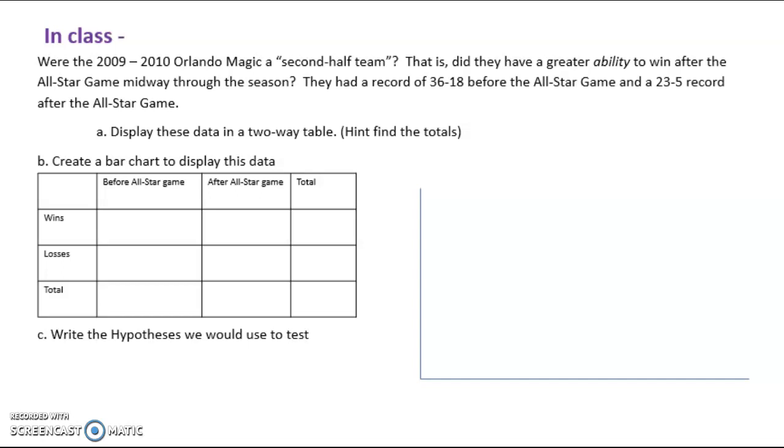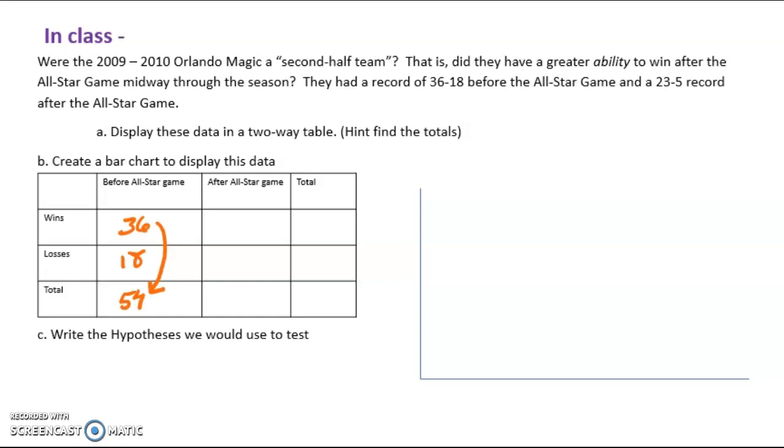So here we go. Before the All-Star, they were 36-18. That means they had 36 wins. They had 18 losses. And we'll go ahead and add that up. So 36 plus 18, we'll take it up to 54. So 54 total games before the break. And again, they won 36 out of those 54.